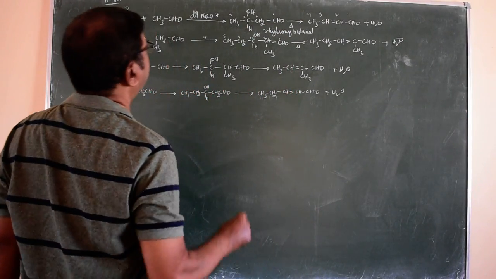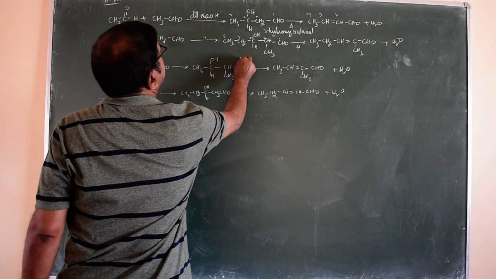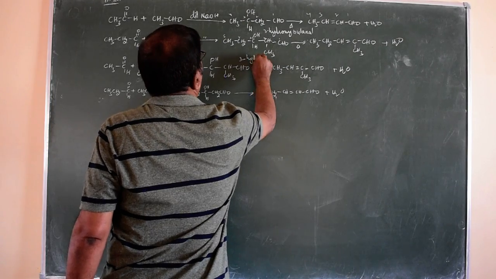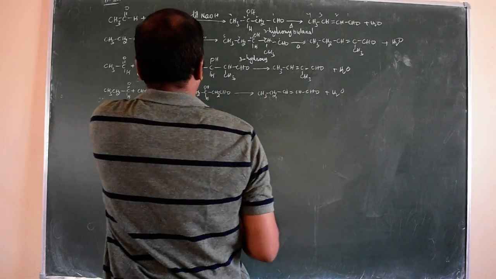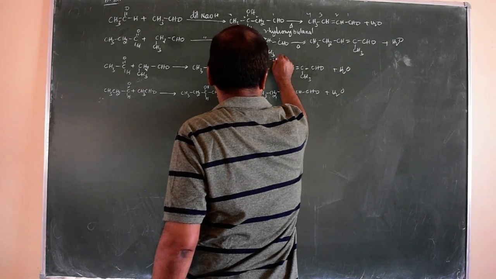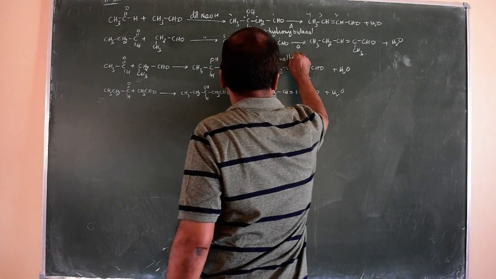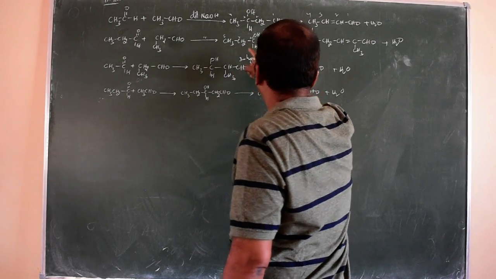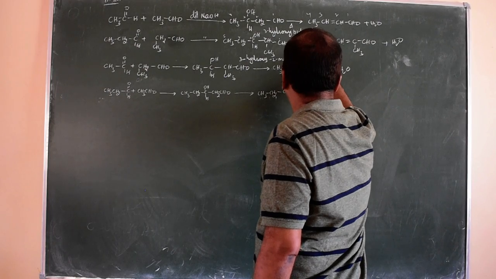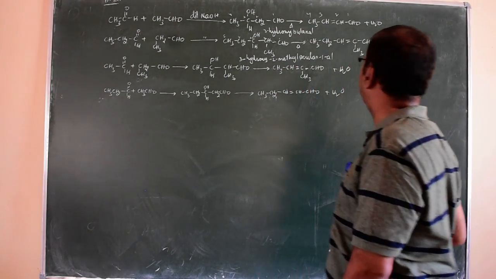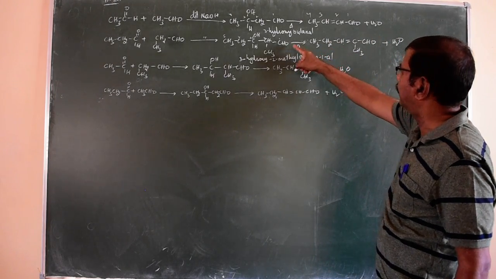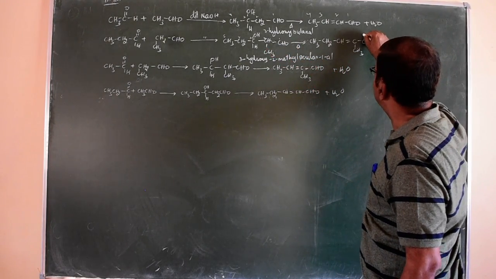The name of this compound is 3-hydroxy-2-methylpentanal. The name of the next product, formed after the elimination of water, is numbered 1, 2, 3, 4, 5.